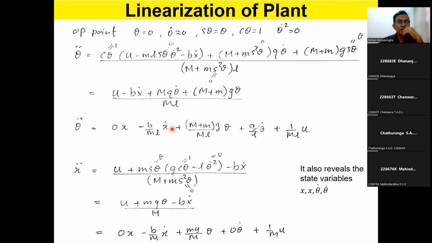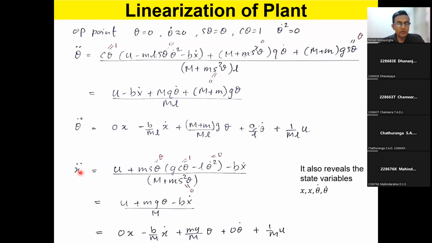X dot, yes, we have x dot here, minus b over ml. Do you have theta? Yes, we have theta. Do you have theta dot? Yes, we have theta dot. And in addition to that, we have u. So you separate out into the state variables and just keep it there.